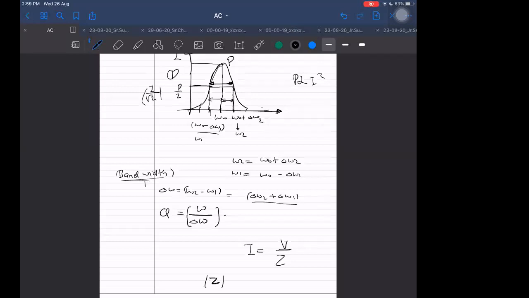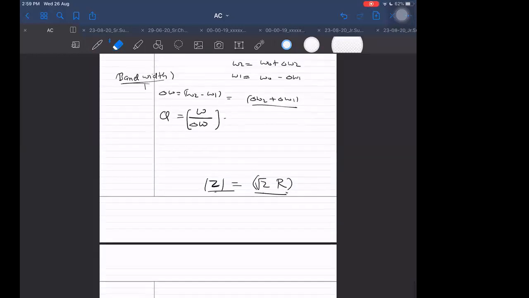So Z should become root 2 times the value of Z at resonance. What is the value of Z at resonance? There it is R. So this is the equivalent condition: when Z becomes root 2 times R, then at that time automatically the power of the circuit will be reduced to 1 by 2.